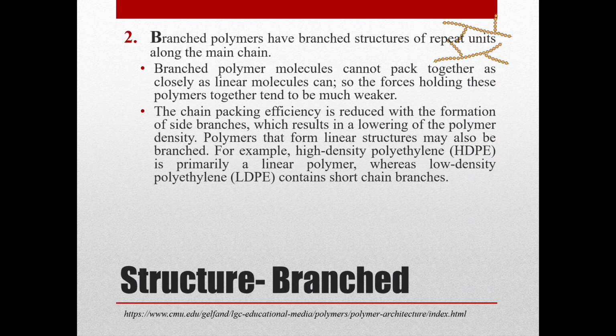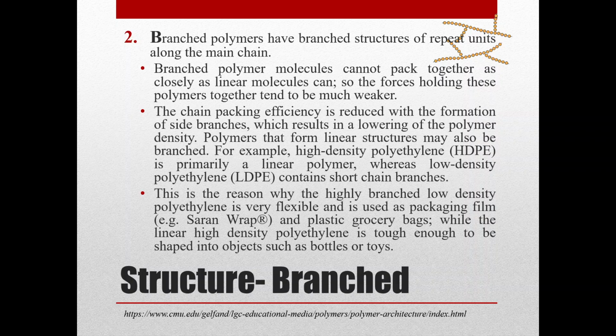So polymers that form linear structures may also be branched. Even if there are linear structures, the polymers may also be found in the form of a branched structure. So for example, we can take high density polyethylene, and as compared to that low density polyethylene. High density polyethylene, or HDPE as it is called, is primarily a linear polymer, whereas low density polyethylene contains short chain branches.